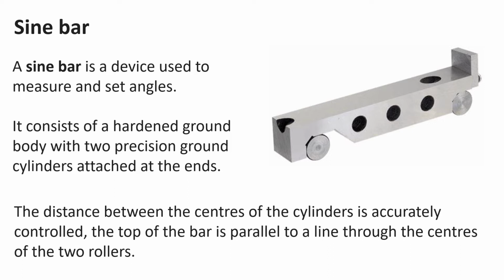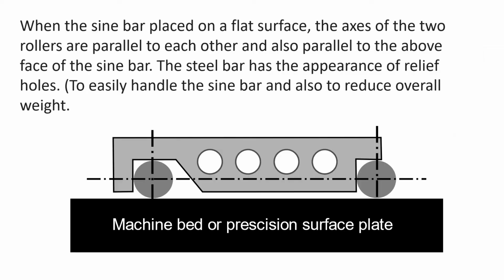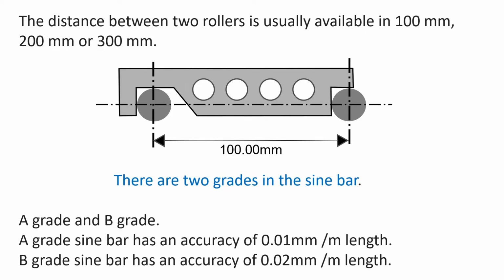If you pivot the bar from one end and lift it, the center distance between the rollers never changes. When the sine bar is laid flat on a machine bed or surface plate, the center of the rollers is parallel to the top of the bar. Sine bars come in various standard lengths and accuracies.